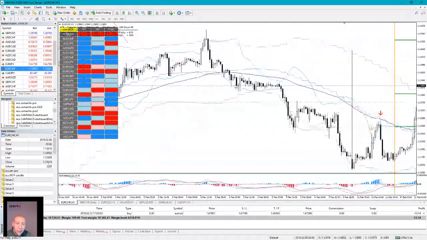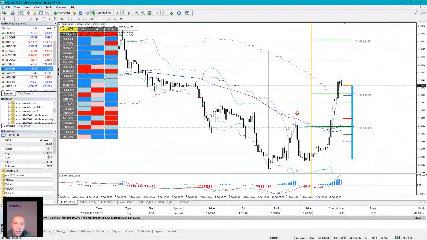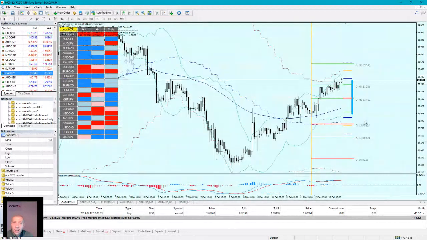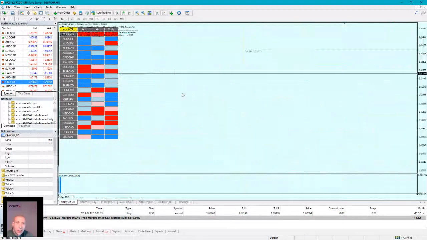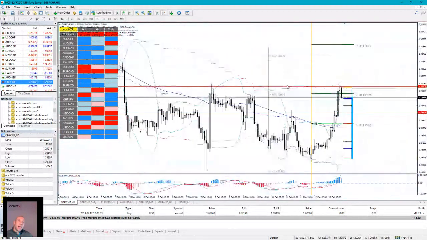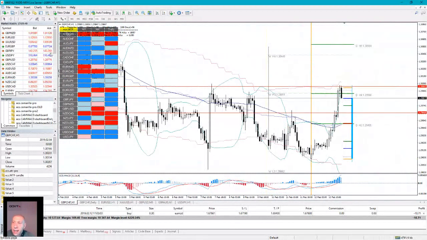Euro Swissy, nothing to trade here. Yeah, this was a reversal here, 20 pips down, then reversal. CAD yen turned bullish. GBP Swissy. Yeah, you see, basically everything is ranging flat. So yeah, the only thing that is interesting for me now is Euro New Zealand.